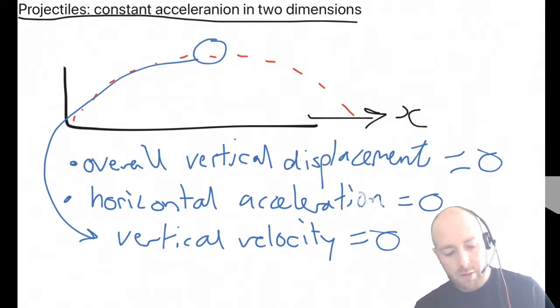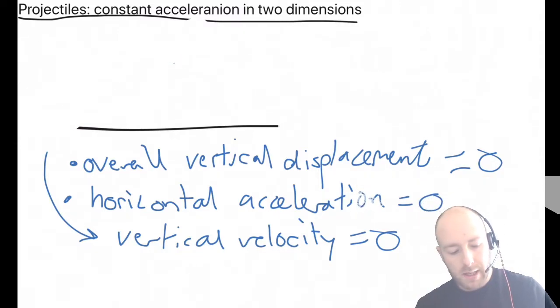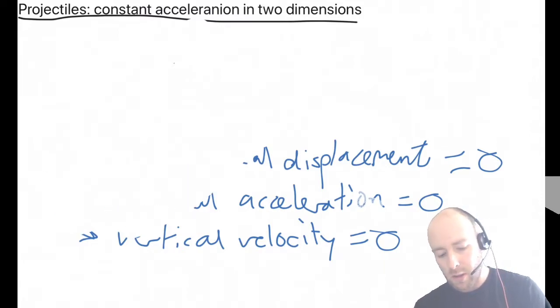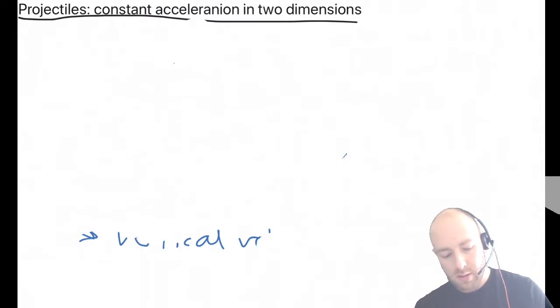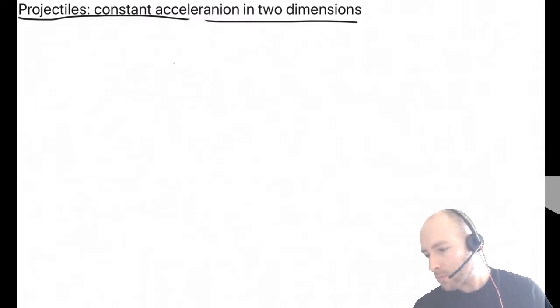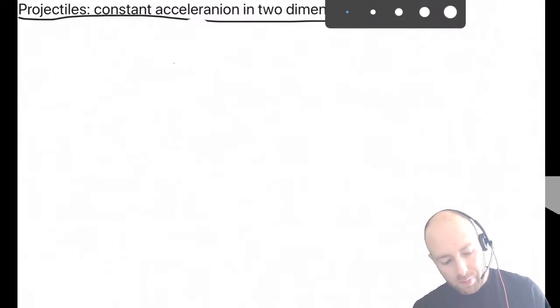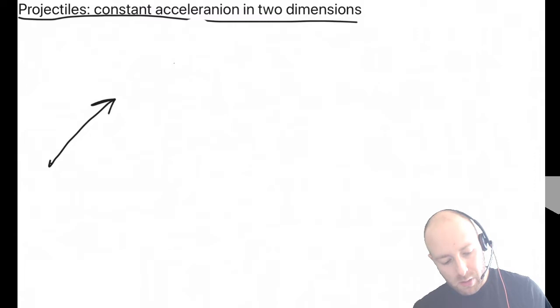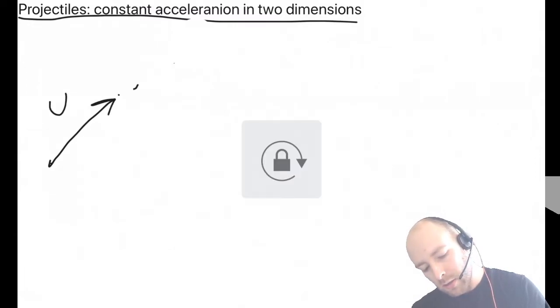So we can look at resolving horizontally and vertically for our initial velocity. We've got a particle projected with a speed of u. It's then going to fly.